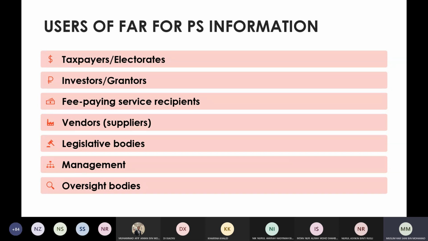Another is investors or grantors. Investors, of course, I mean the investment community. They really look at government actions, government policies, and the stability of the country can also be seen through the financial position. There are cases where governments become insolvent, like last time in Europe.